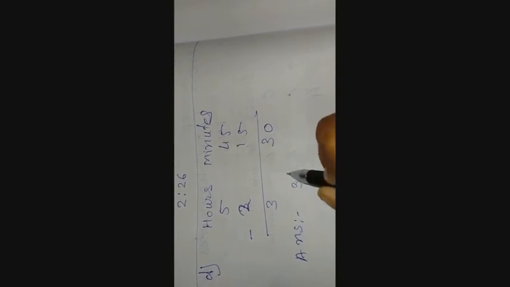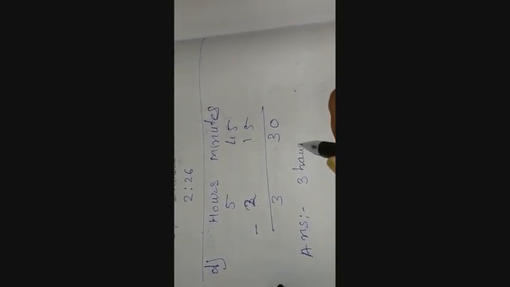Remaining number is 1 and 2. So here we have to write 3, 1, 2 and 3. 5 minus 2, 3 is there. We have to write the answer: 3 hours 30 minutes.